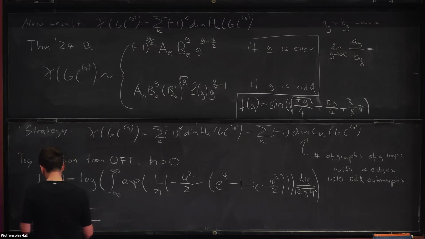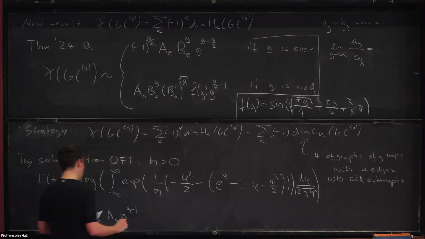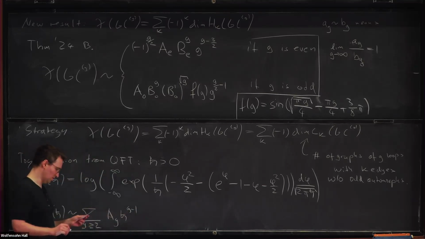In this asymptotic expansion of small h bar, we can write down some coefficients a_g of and powers of h bar. I shifted here by 1 for convenience.